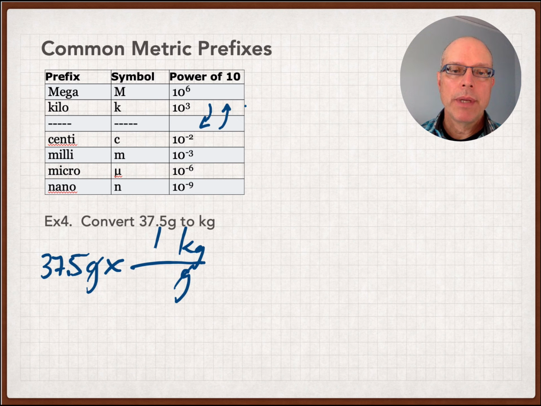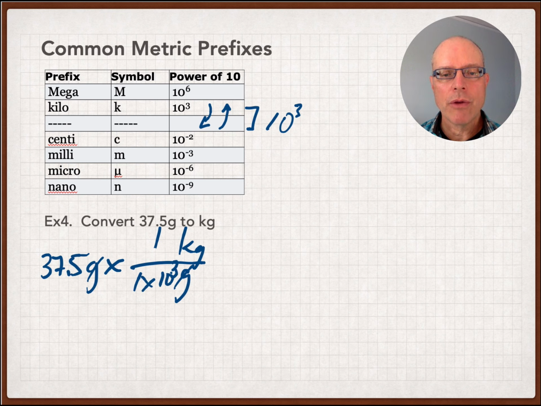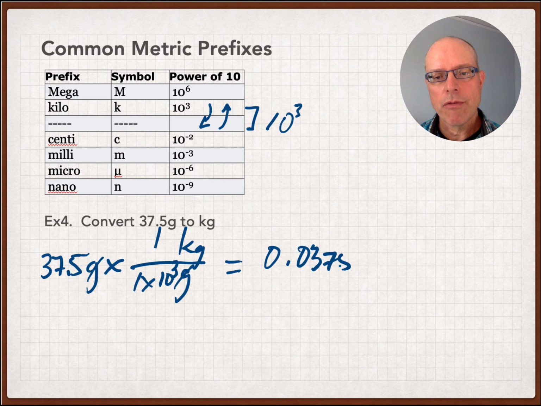So what does the word a lot mean? It's what we talked about before. So what's the difference between 10 to the 3 and 10 to the 0? It's 10 to the 3. So I'm going to put in 1 times 10 to the 3, or 1,000, down in my denominator. And when I go and push that into my calculator, I'll get 0.0375 for the number kilograms.